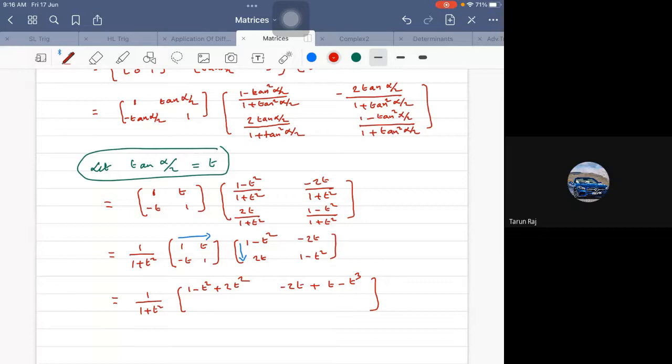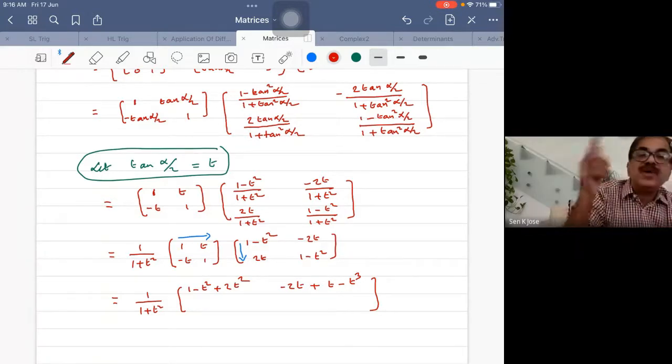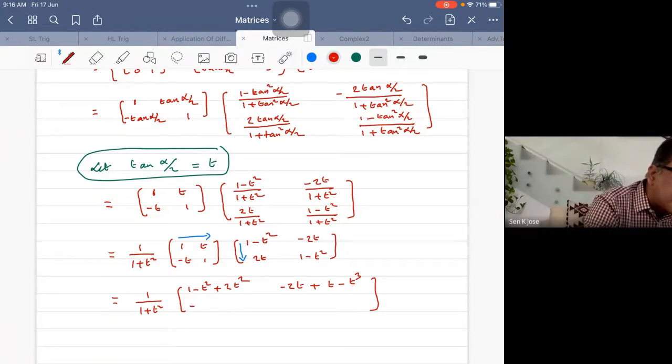So it will be minus t into 1 minus t square in brackets. When you open the bracket, minus t, and minus into minus is plus t cubed. And plus 1 into 2t is 2t.